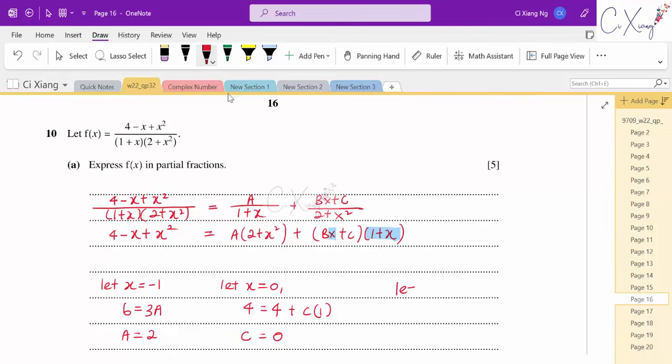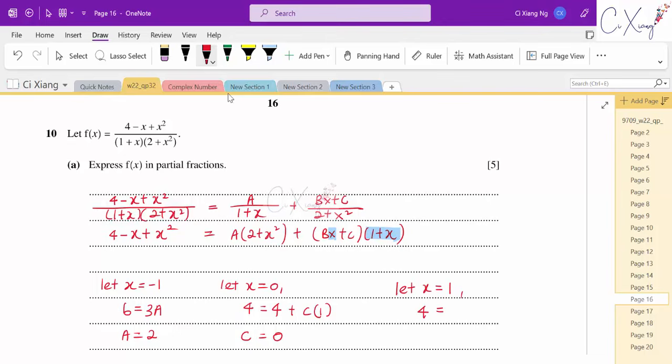After I have found the values for A and C, there is no more linear factor that I can use. So I can let x equal any value that I have never used before. Maybe for me, I am using 1 here. So I let x equal 1 and substitute into the equation. On the left hand side, I have 4 minus 1 plus 1, which is 4 also.